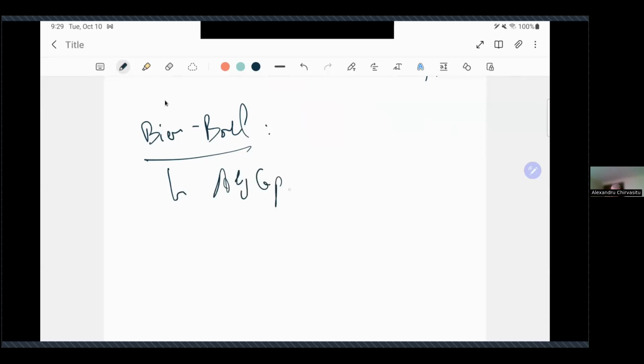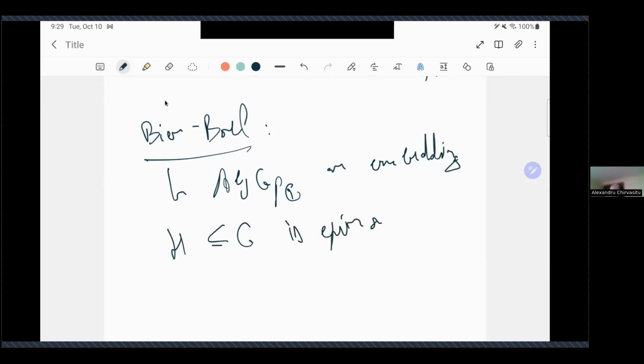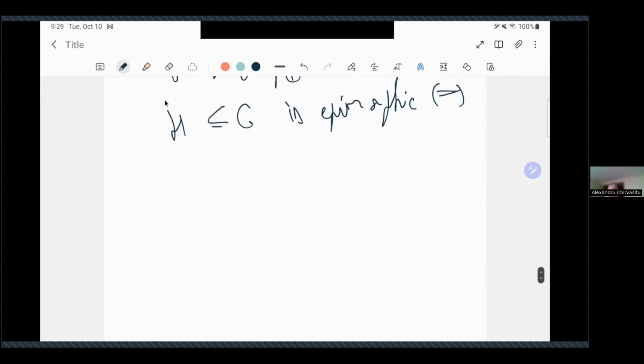So in algebraic groups over C, an embedding, and it's enough to talk about embeddings because that's where the crux of the matter is. An embedding is epimorphic if and only if. Now, there are a number of ways to say this.